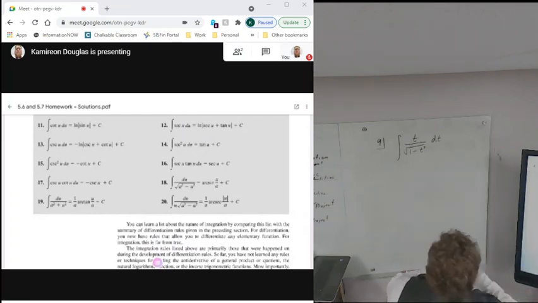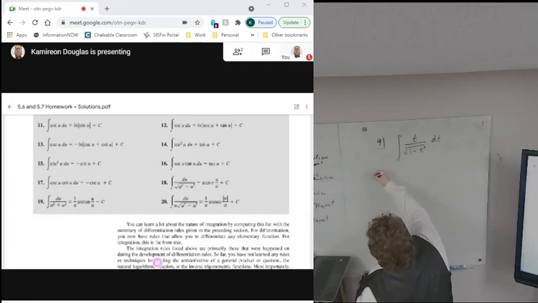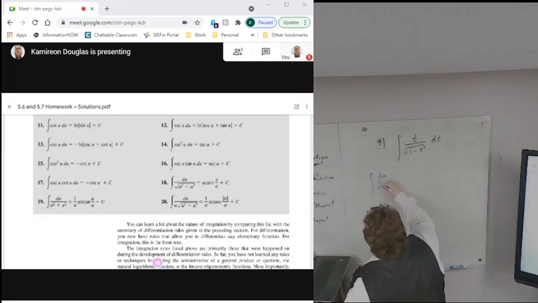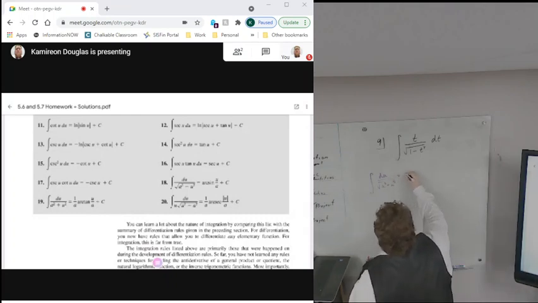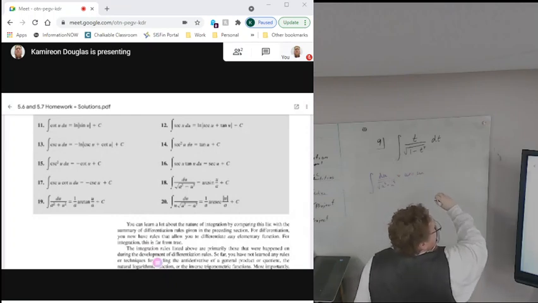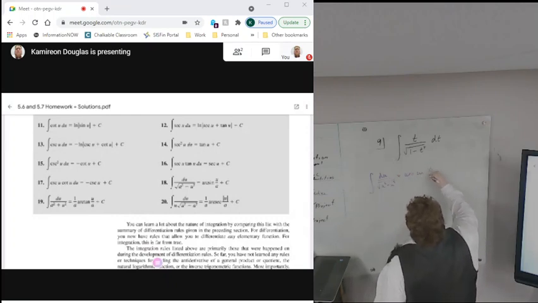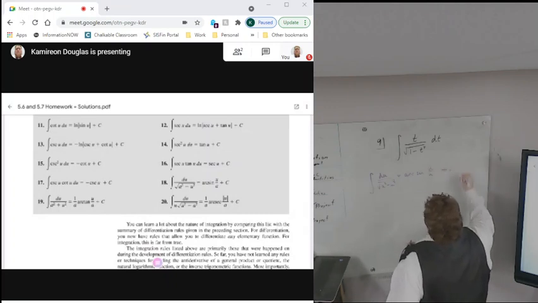So let's write down what that says. It says the integral of du over the square root of a squared minus u squared is equal to arc sine of u over a plus c.